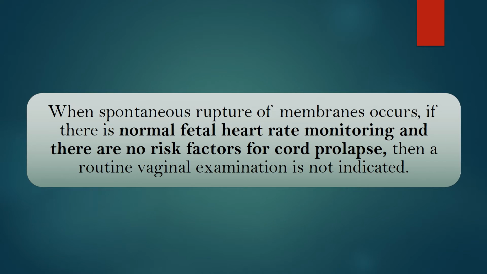When spontaneous rupture of membranes occurs, if there is normal fetal heart rate monitoring and there are no risk factors for cord prolapse, then a routine vaginal examination is not indicated.